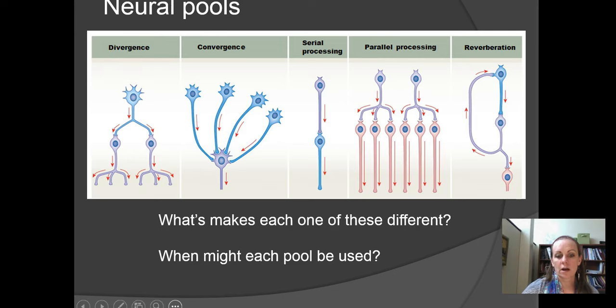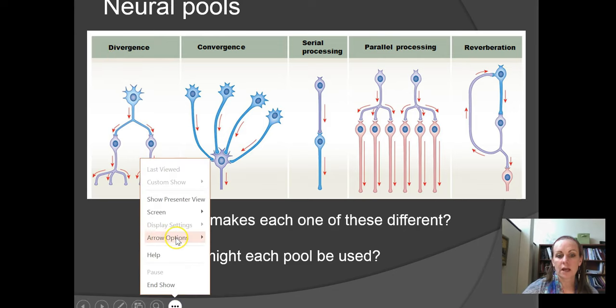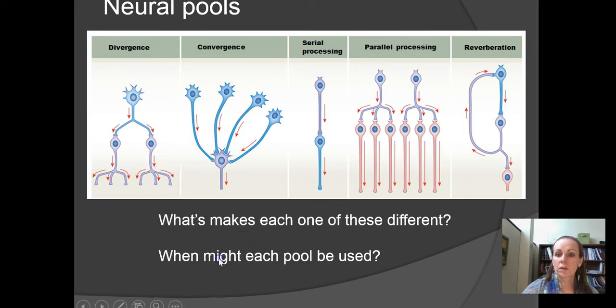So these are examples of different types of pools and circuits. What you can see is a signal may come in here, and then all of a sudden we split, okay? Here we've got one presynaptic neuron, but we're sending a signal to two postsynaptic neurons. Convergence is the opposite.